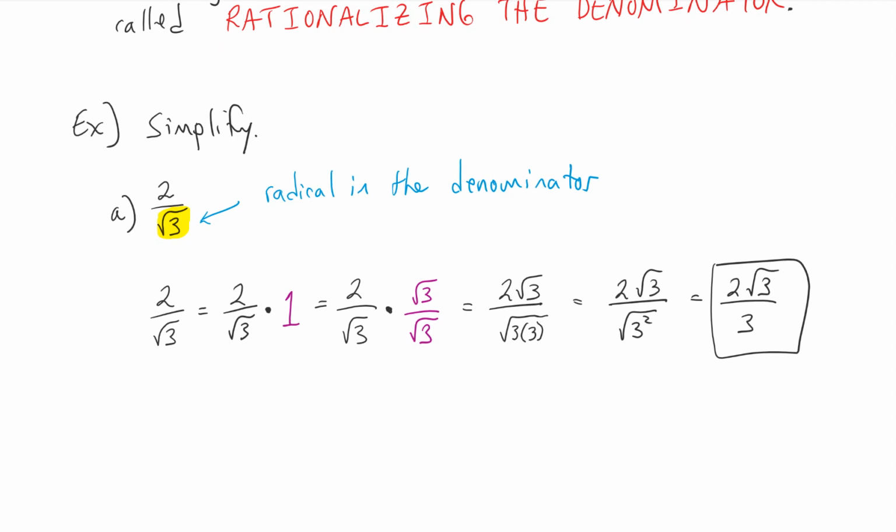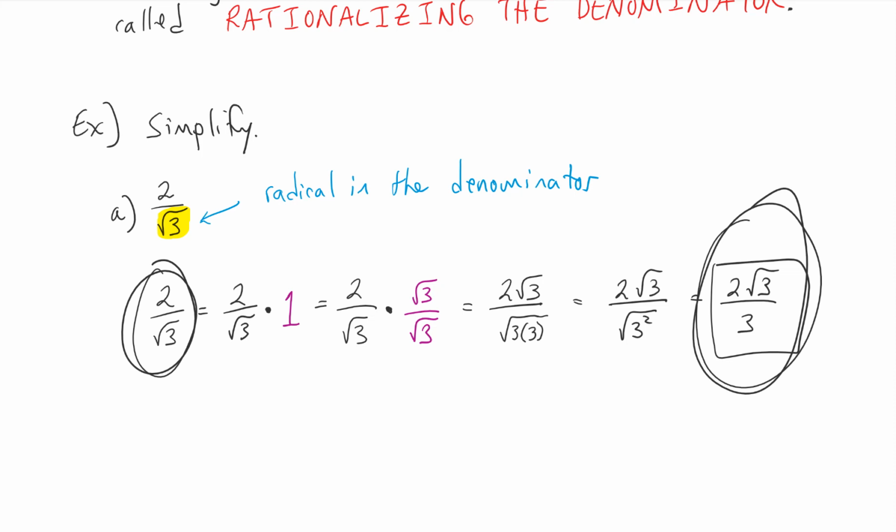So this number here and this number here are exactly the same number. They would be the same position on the number line. If you have a calculator handy and you type them both into a calculator and hit enter, you will see the exact same decimal approximation because they are the exact same real number. However, the one on the right is simplified. The only difference is the one on the right is simplified.